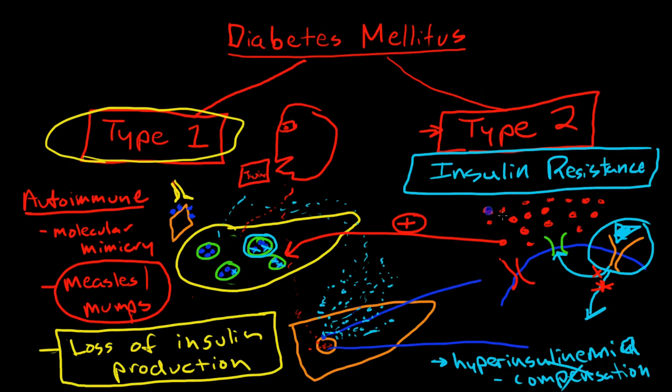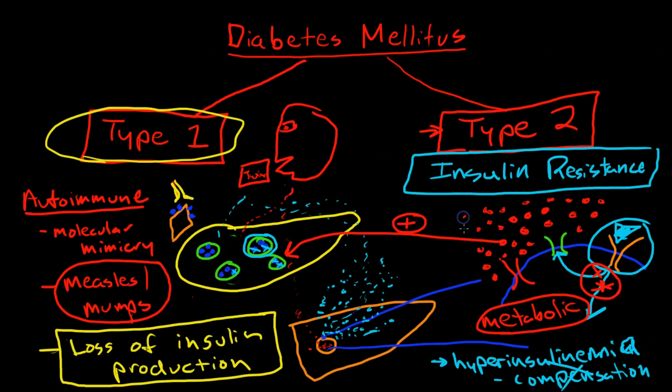Now, the problem is this will continue to get worse and worse unless we correct the underlying problem, which is metabolic syndrome. We need to lose weight and change our lifestyle, right? If we don't lose weight and change our lifestyle, we're still going to be interfering with the second messenger system that is the underlying cause for type 2 diabetes, and the disease will continue to progress.